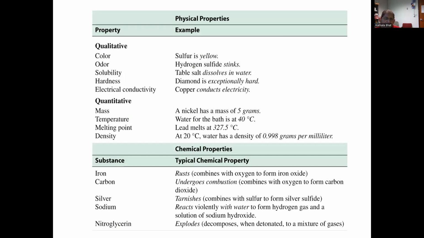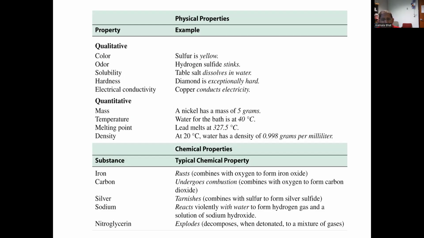Another way of dividing the physical properties is into two: qualitative, which consists of properties that do not require any numbers: color, odor, solubility, hardness, electrical conductivity; and quantitative properties, which require numbers and units to represent them, such as mass, temperature, melting point, and density.